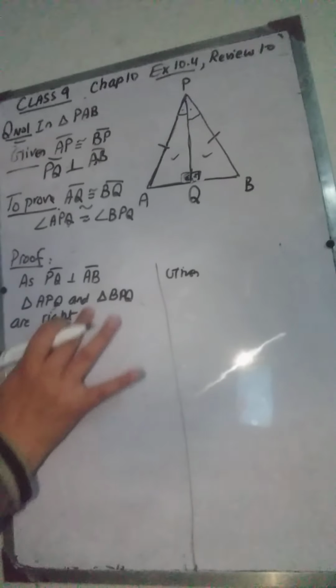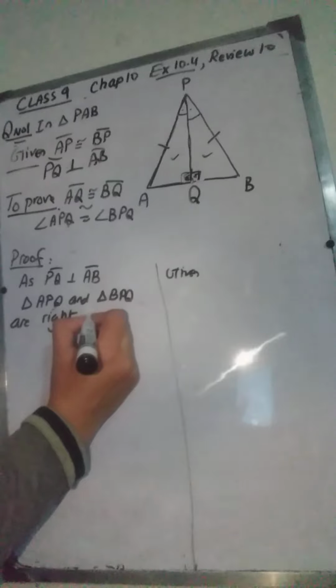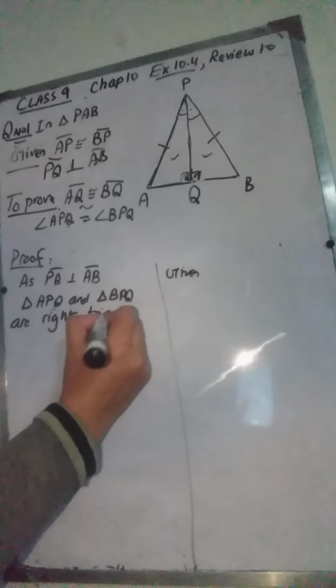Right triangles mean that they are right angle triangles.